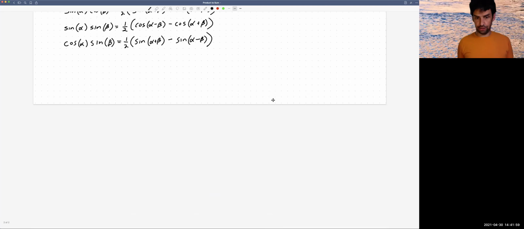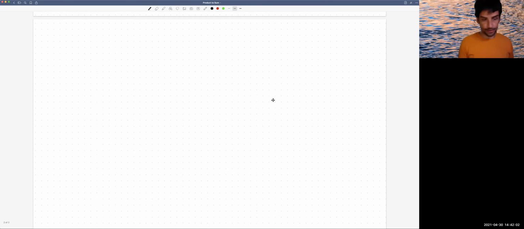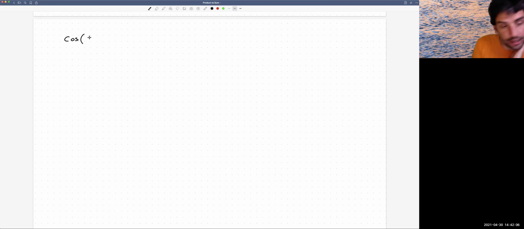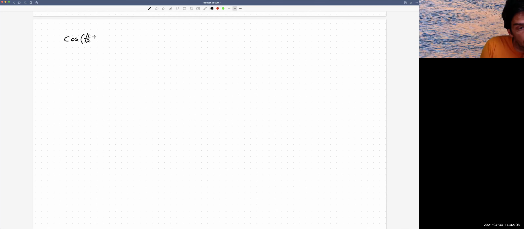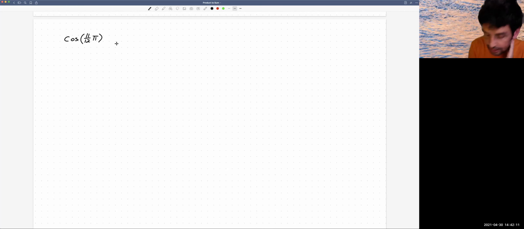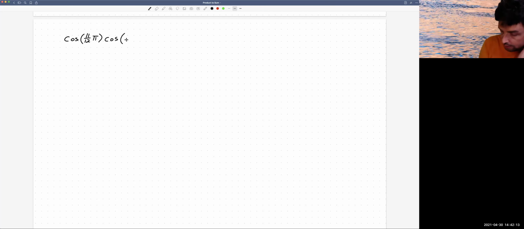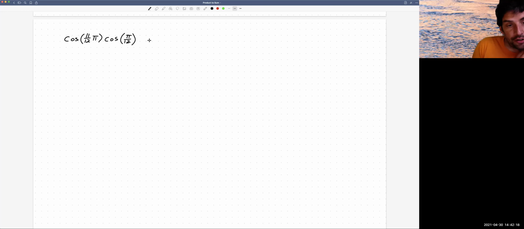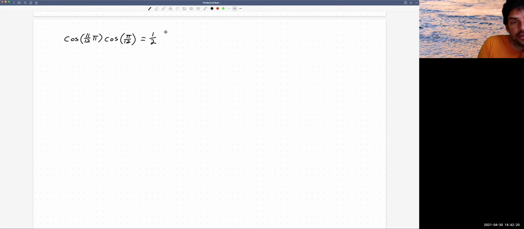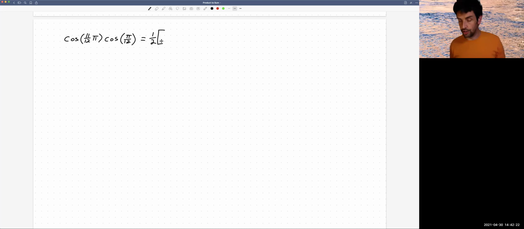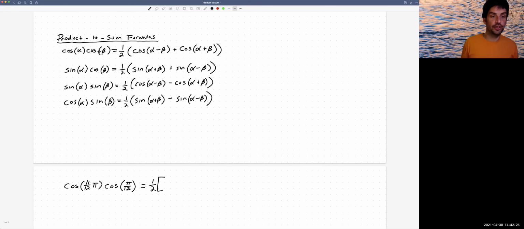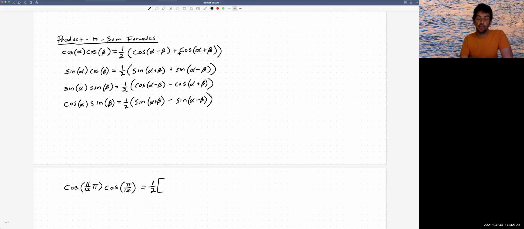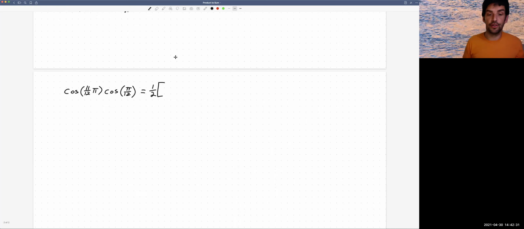All right, so let's just do a quick example. Let's suppose I had this product, 11/12 pi times cosine of pi over 12. This is the first identity that we learned. When we've got the product of two cosines, we take the cosine of the difference of those angles plus the cosine of the sum of those angles.